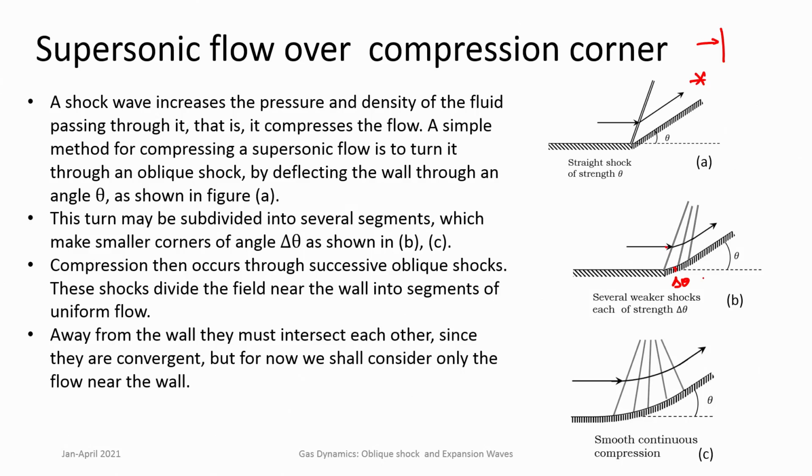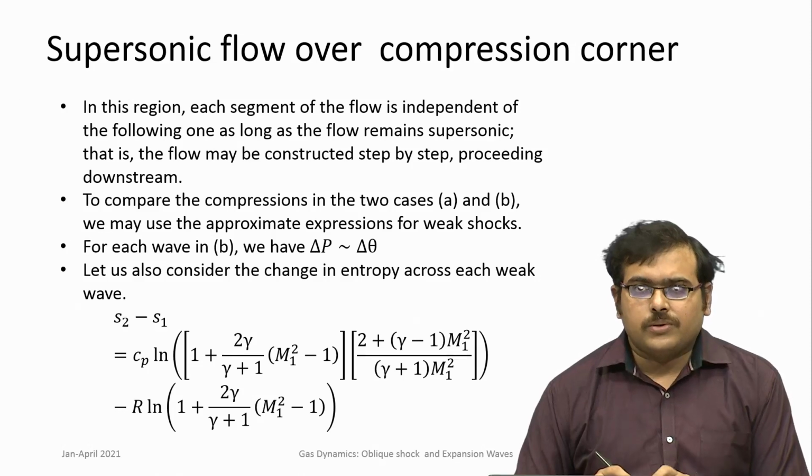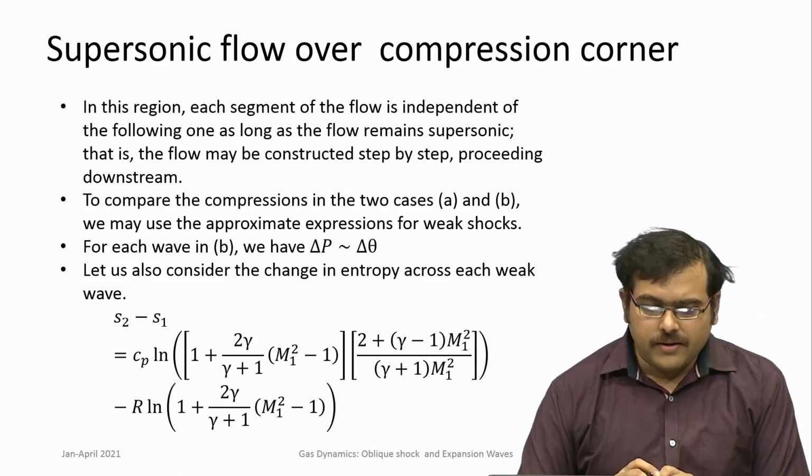So, the same turn theta is accomplished by many waves. You can keep increasing the number of waves and make the turn more gradual, a smooth turn through the angle theta. Now let us consider this problem, a gradual turn. Across each small turn there is an incremental change in pressure. That is how it happens.